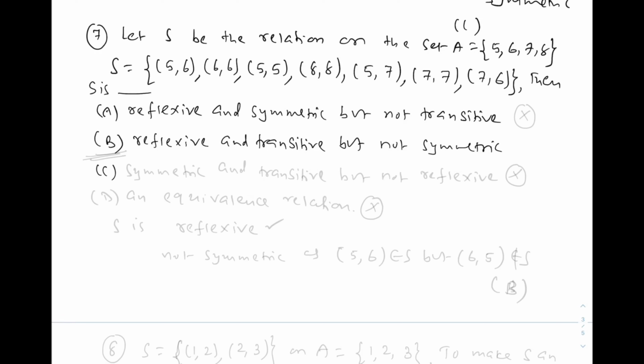Third option, symmetric and transitive but not reflexive. And fourth option, an equivalence relation.